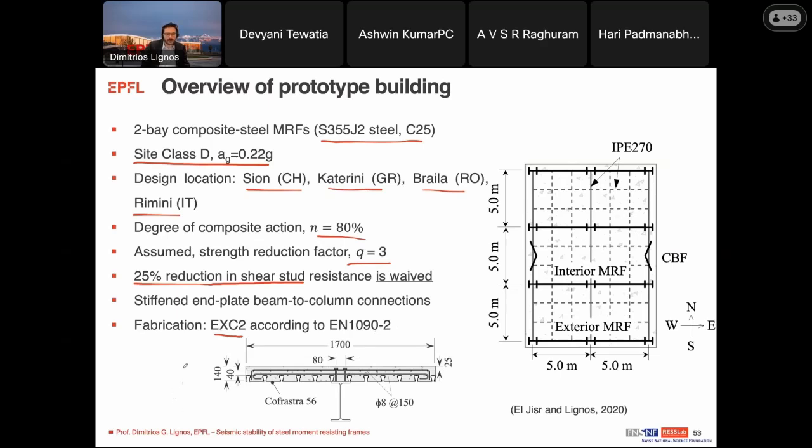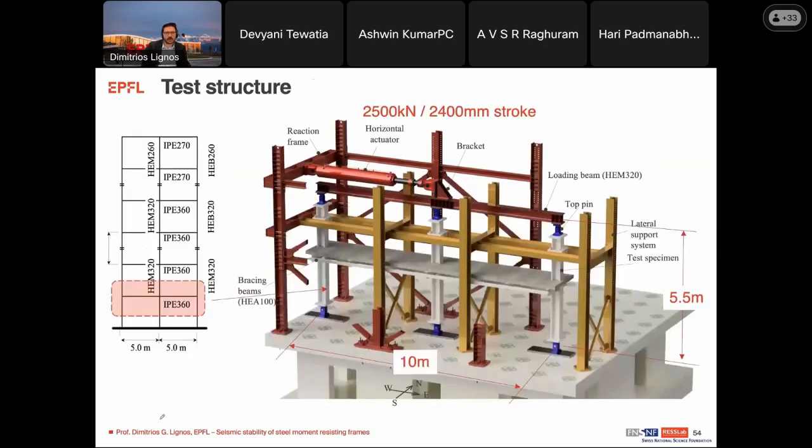Here you see a cross-section of the composite section, where the effective width we assumed was much larger than what the code tells us, so that we can also see what the actual effective width was.